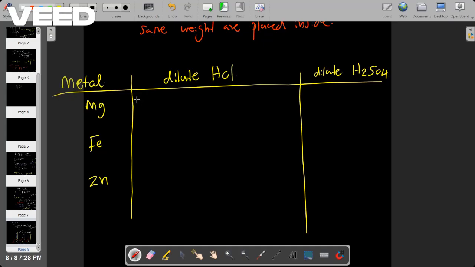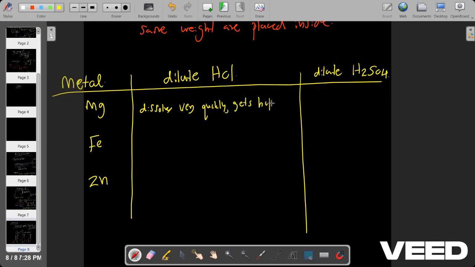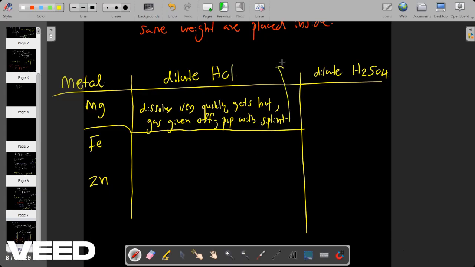Now these are the observations. Dissolves very quickly, gets hot, gas given off, pop with splint, and also a colorless solution.